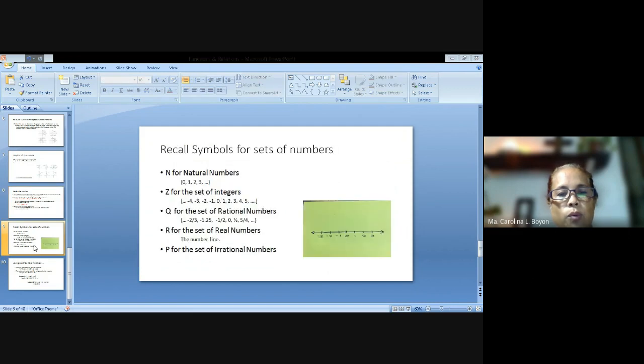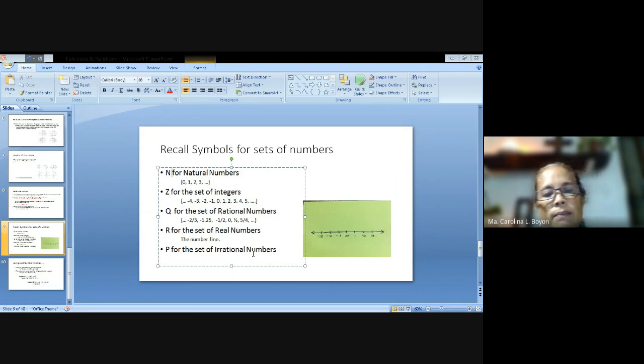So to recall, we need to recall the symbols for sets of numbers. We use N for natural numbers, Z for the set of integers, Q for the set of rational numbers, R for the set of real numbers, P for the set of irrational numbers, and we have the imaginary numbers and the complex numbers. For the set of natural numbers, we start with 0, 1, 2, 3, and so on. For Z, the set of integers, we go from the negative integers to the positive integers, including 0.